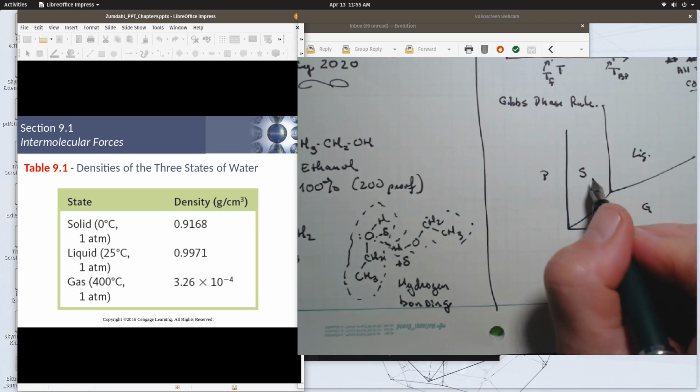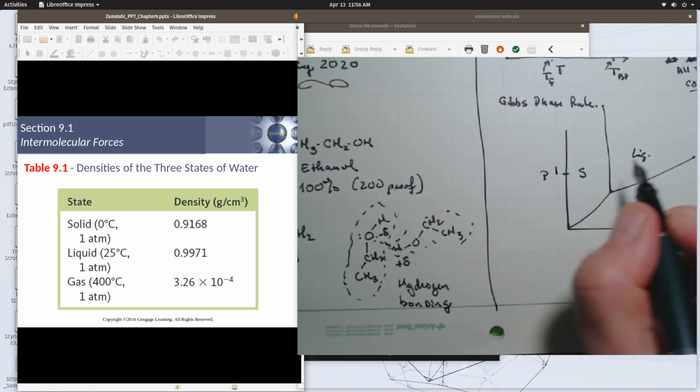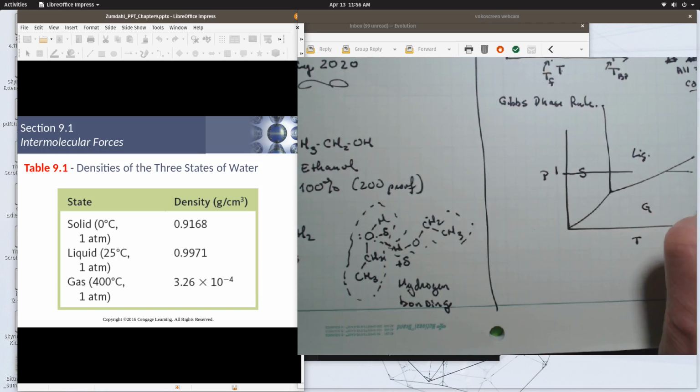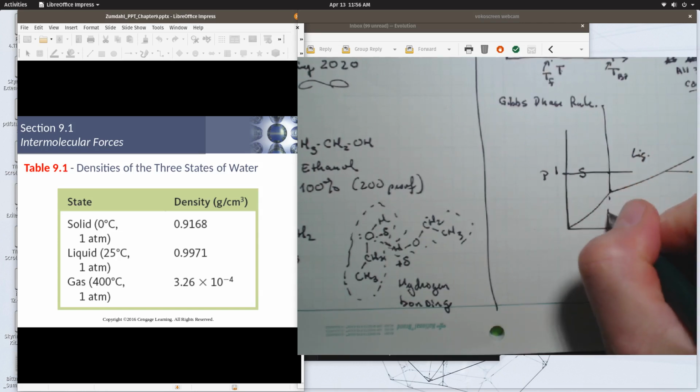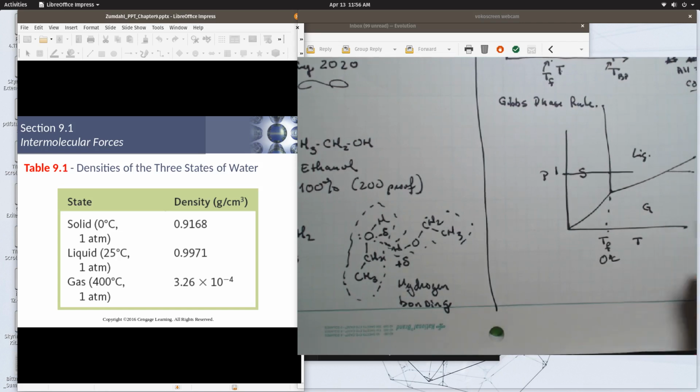And again, one could define the atmospheric pressure. Maybe we define 1 atmosphere here, and I could go along this line here. This point would be about the freezing point, 0 degrees Celsius.